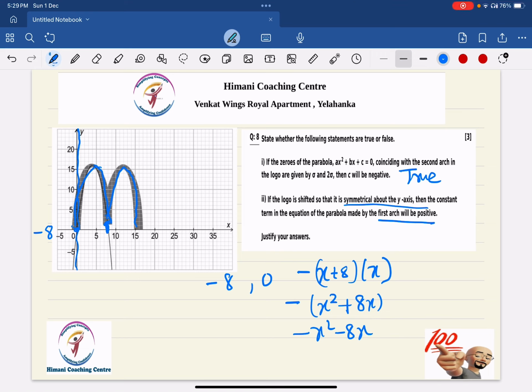Do you see there is no constant? So then the statement that the constant term in the equation is positive is false, because one of the roots of the equation is 0. So the constant is not there. Okay, hence this statement is false.